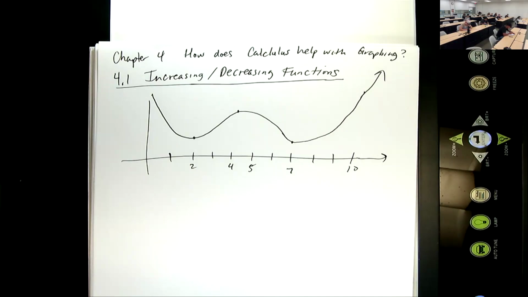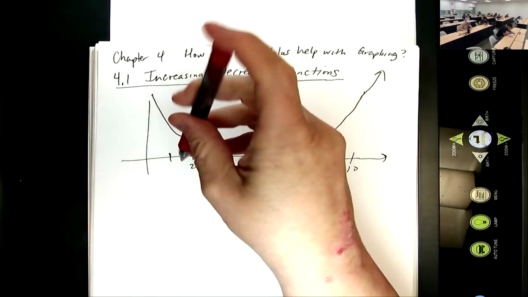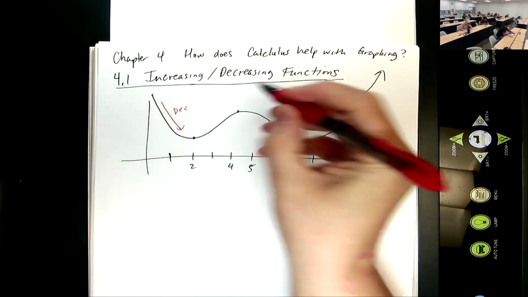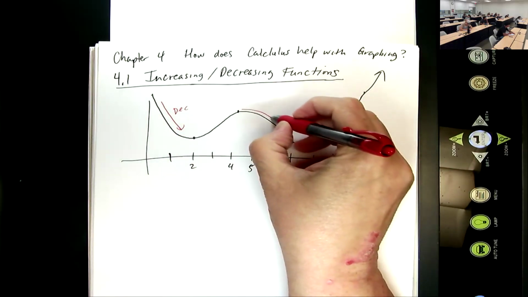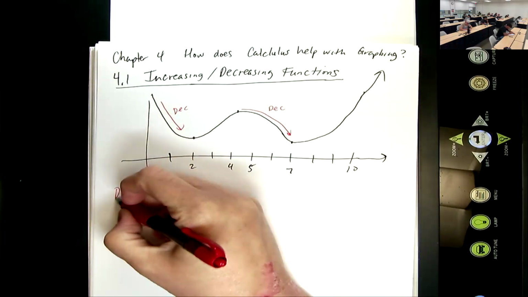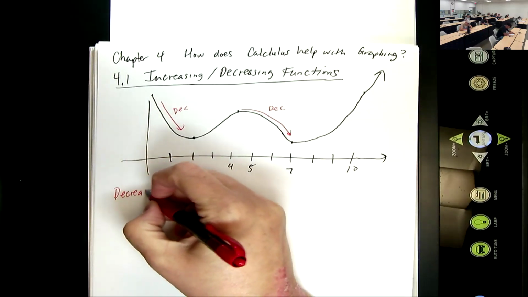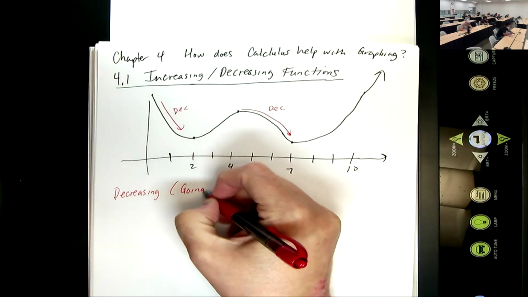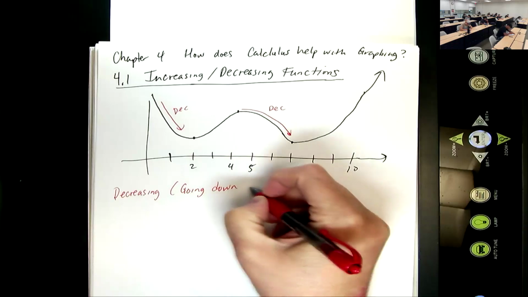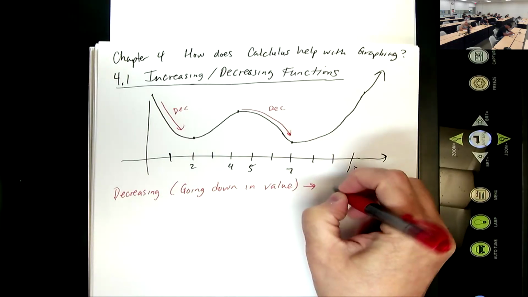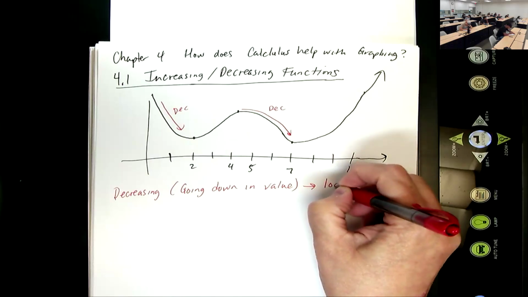Alright, so on this region right here, it's decreasing. And it looks like it's decreasing here as well. Decreasing as in going down in value. And we do that by looking at the Y value.